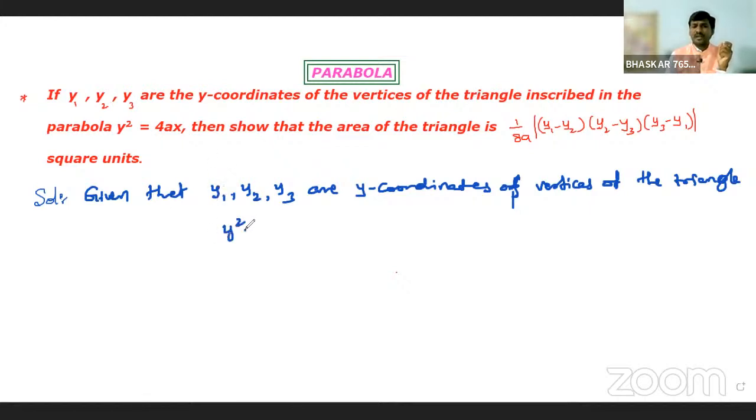So y square is equal to 4ax is the given parabola equation.